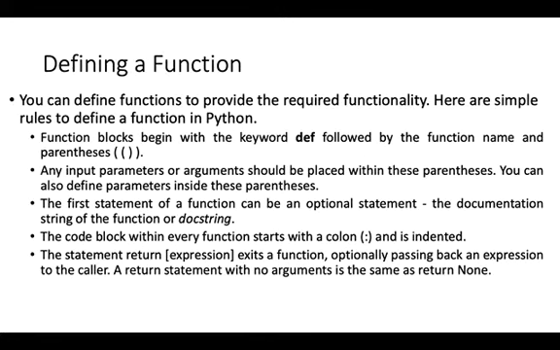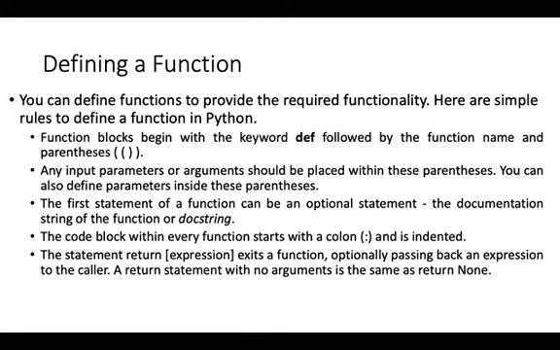So, how can we define a function in Python? In order to define a function, the function block should begin with the keyword def followed by a function name and parentheses, and any input parameters or arguments should be placed within these parentheses. You can also define these parameters inside these parentheses.